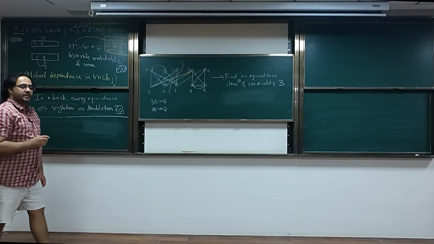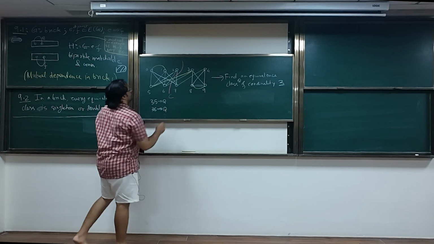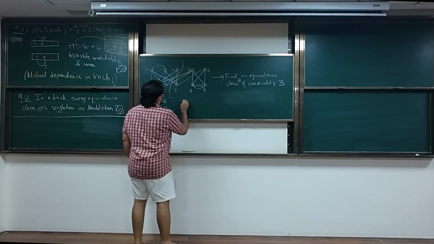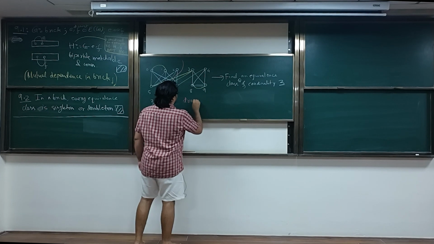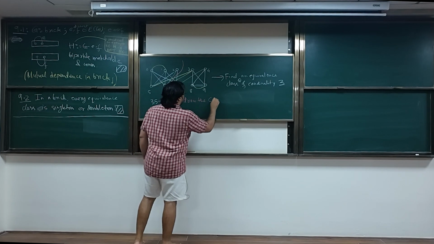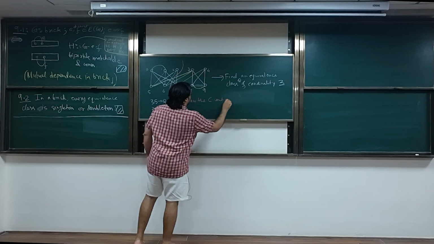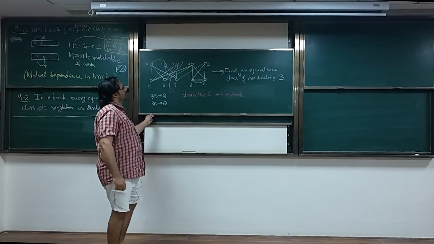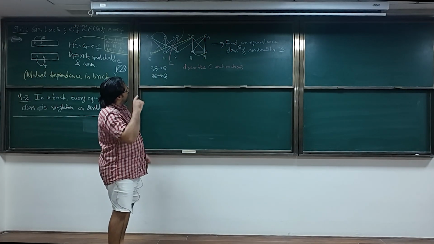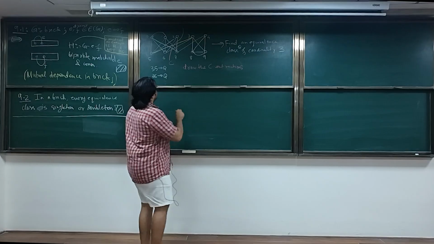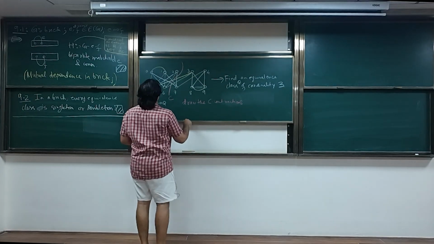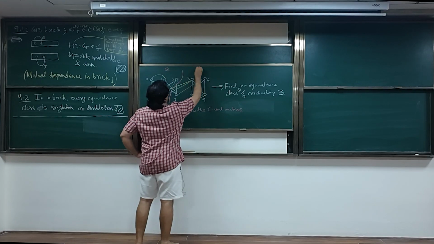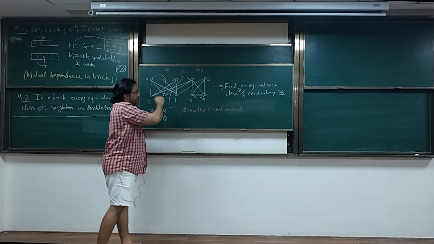Draw the C-contractions for this cut C. And try to see what happens to, so let's say the C-contractions, we call them G1 and G2 after shrinking the corresponding shore.